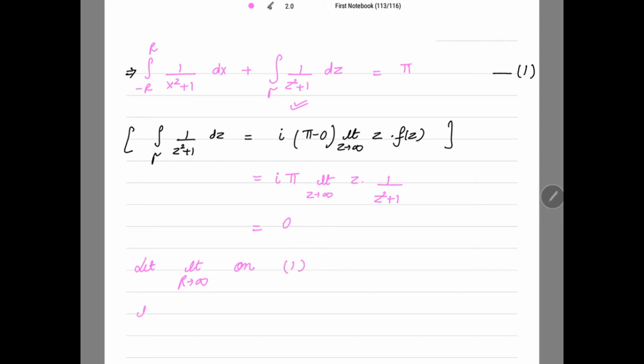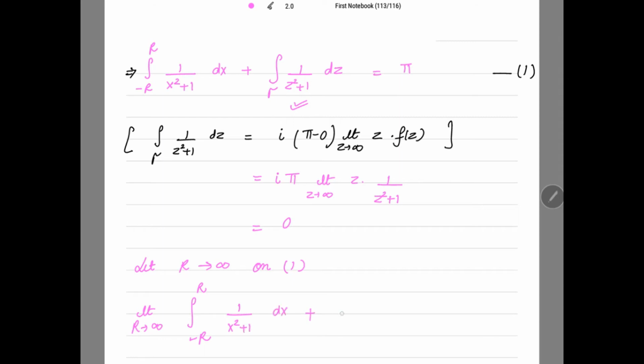So this is limit r tends to infinity of 1 over x squared plus 1 dx.